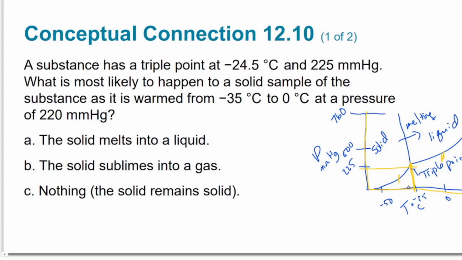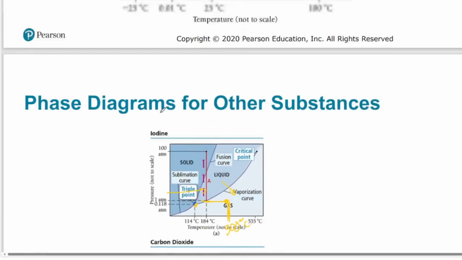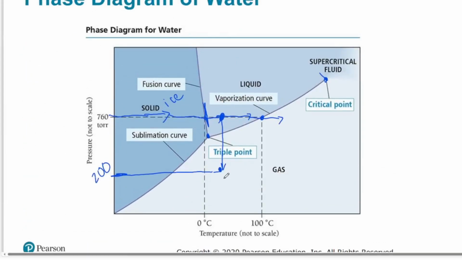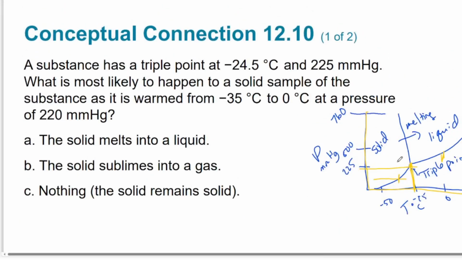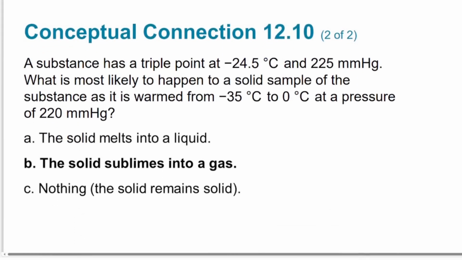It's going to go across this line. So let's look at what that line would be. This would be our sublimation curve. It would be going from solid to gas. Now, that's not water, but a lot of substances have similar phase diagrams here. So you're going to see that it would be going from a solid to a gas. Okay, so the substance would sublime.